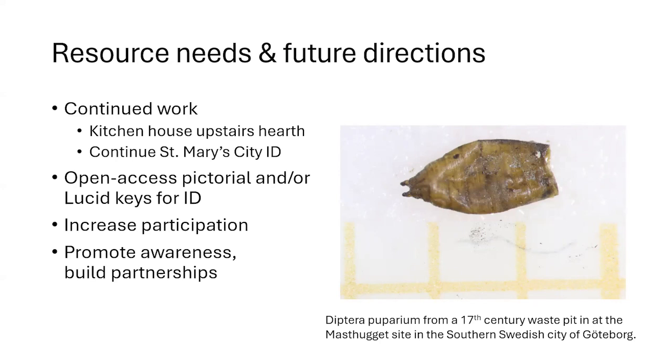So using things like Lucid Keys, other ways of publishing pictorial resources like through the Canadian Journal of Insect Identification, those are resources that we can use to actually help promote this type of research and bring the standards up to something that we typically adhere to in entomology.